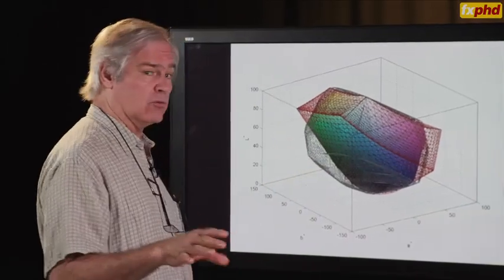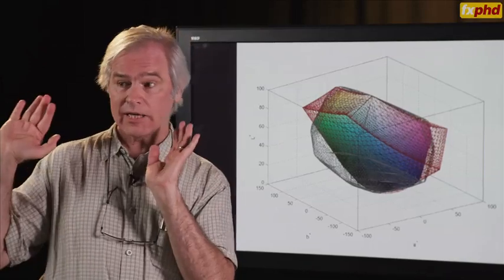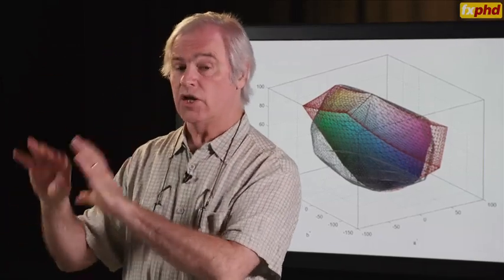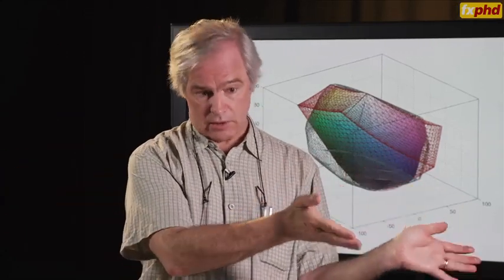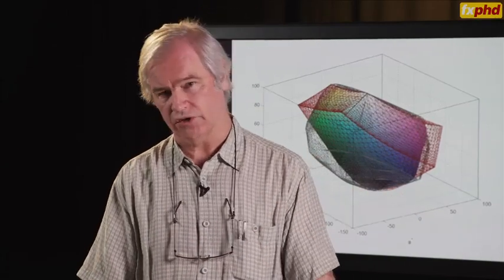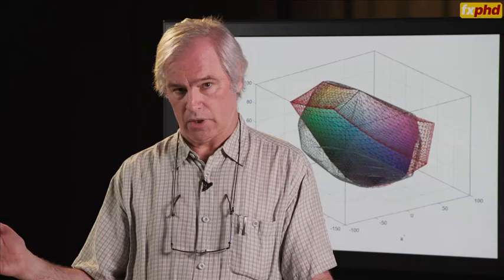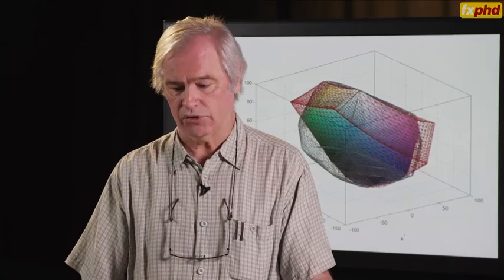Now, if you start out with a scene that has only got a set of muted colors, it's possible that all of those colors would map into legal, meaningful sRGB or 709 coordinates. But the more typical scenario is that you shoot something that has quite highly saturated colors, or if you wish, highly chromatic colors.